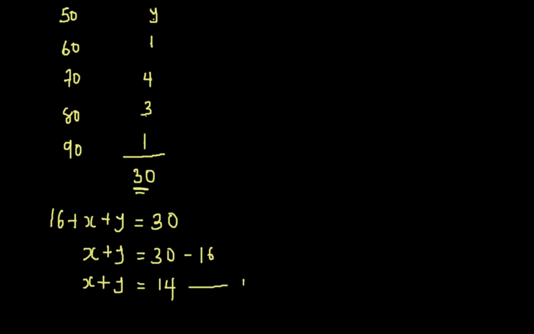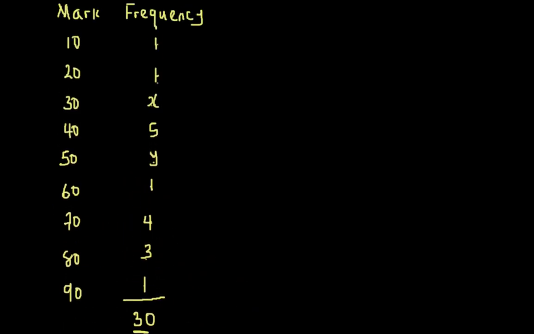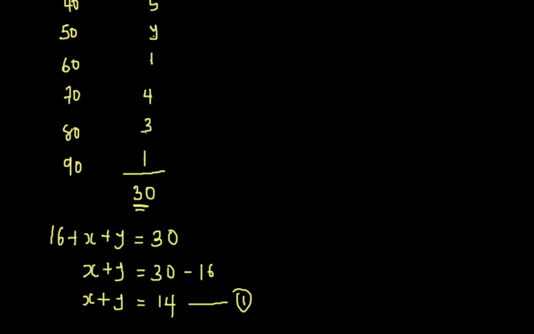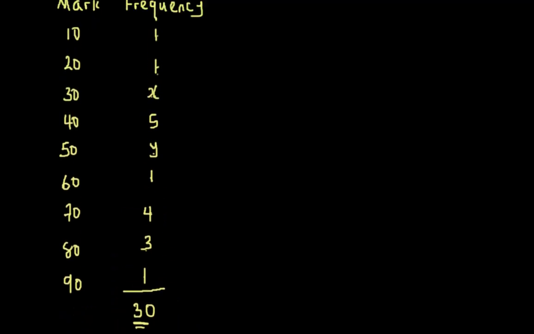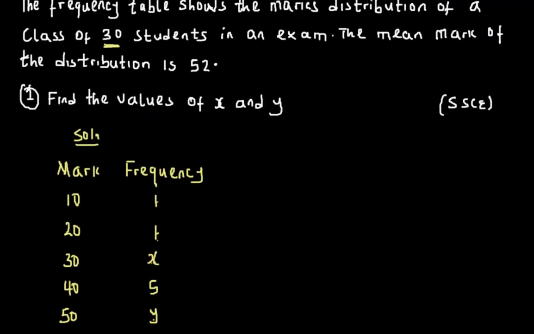And this would be equation 1. Does this make sense? So we go back to the question to see if we are going to get another clue. Because the point here is that we cannot find x and y until we get another equation so that we can solve it simultaneously. I hope you understand.